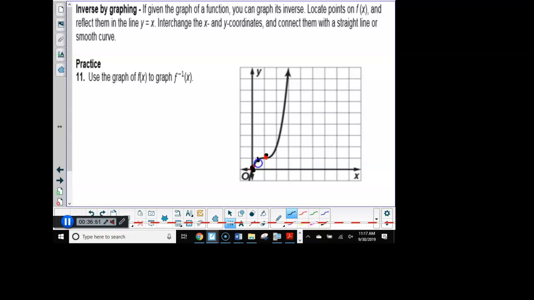It's like 0.9. So at 0.9, it's only at like 1/2. It's actually doing this, guys. And then out here, it goes through 2, 2, it looks like, so that's still going that way.